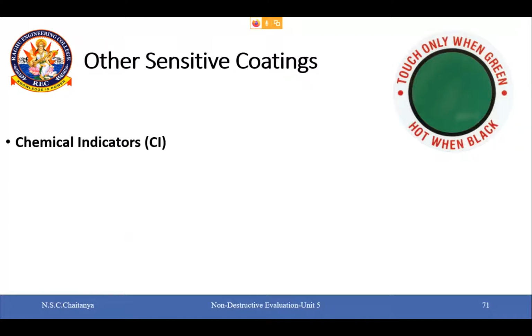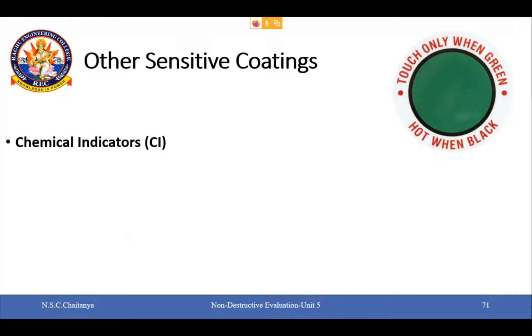When the component is cooler, the color of the sticker will be green, and when the component gets heated, this green color converts into black. Such labels or indicators are known as chemical indicators. These are also pretty widely used.